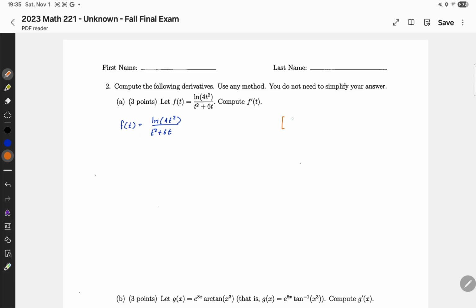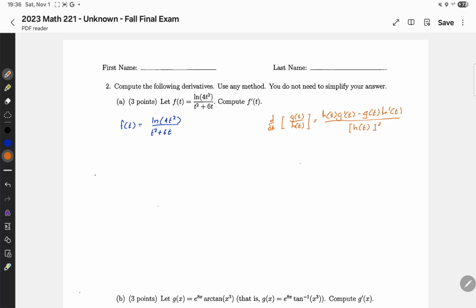The quotient rule says that if we have something like g of t over h of t, the derivative of this is going to be the bottom times the derivative of the top minus the top times the derivative of the bottom, all of that above the bottom part squared, just like this.